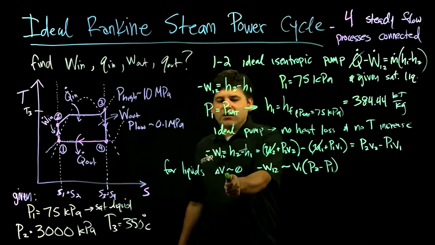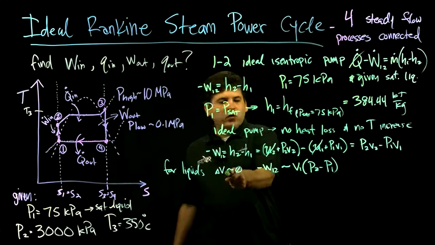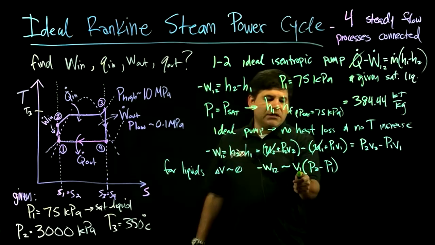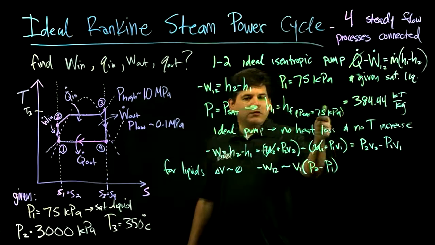And if you take another assumption that you can ignore the volume change, then all you need is V1, which we do know from the steam table.